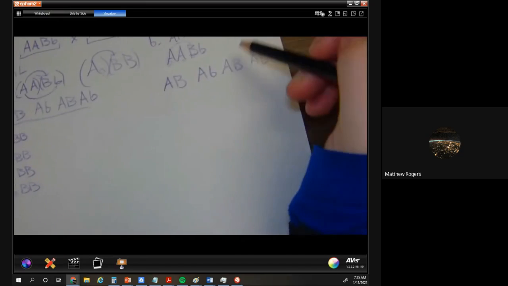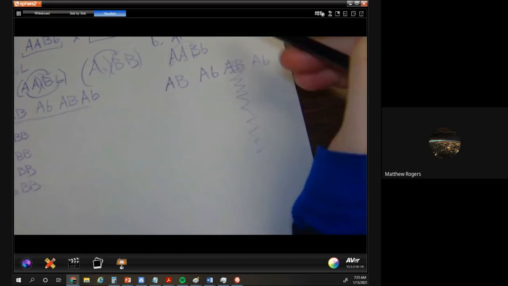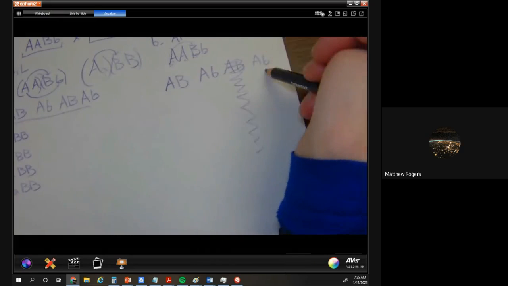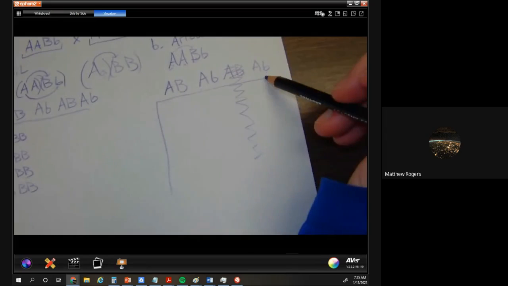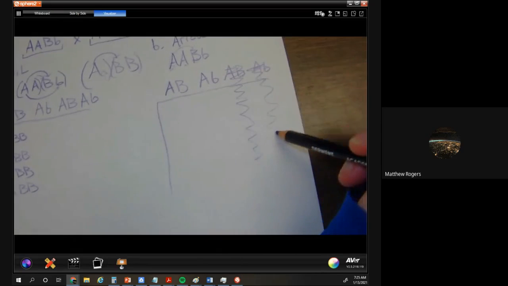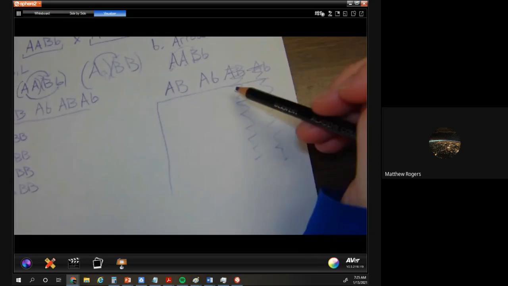These are identical. So technically, I don't need this line right here in the Punnett square. I can get rid of that line. These guys are the same too, so I can get rid of this line. So it ends up being only 8 boxes.